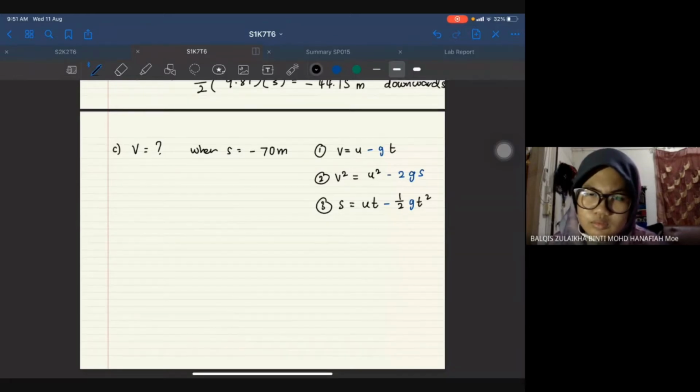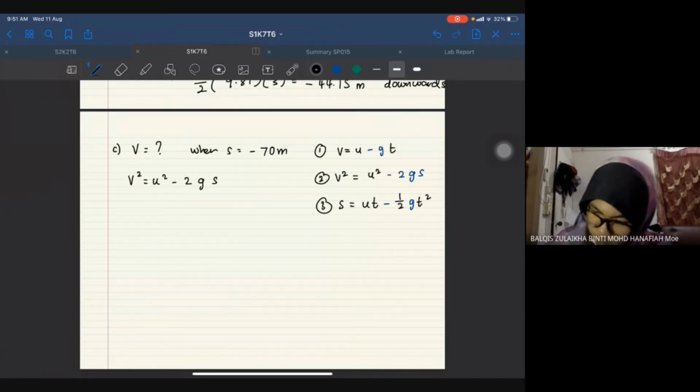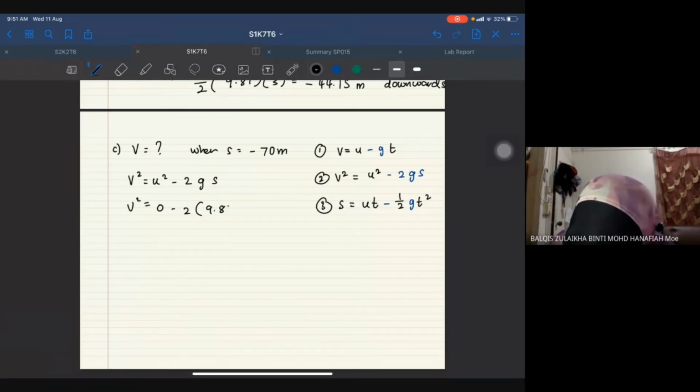Number 2. So v squared equals u squared minus 2gs. u stays 0, as in the previous cases. 9.81, do not put negative.